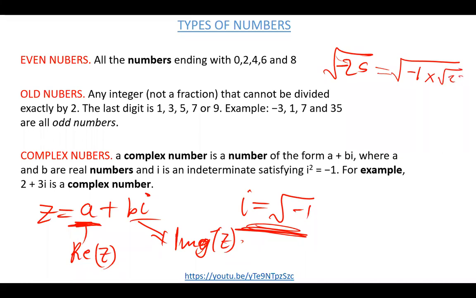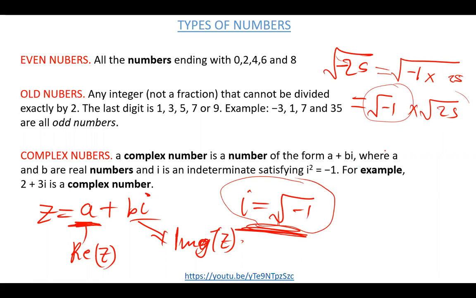We can separate this into the square root of -1 times the square root of 25. The square root of 25 is 5, and the square root of -1 is simply i. So when you multiply the two, you get 5i.